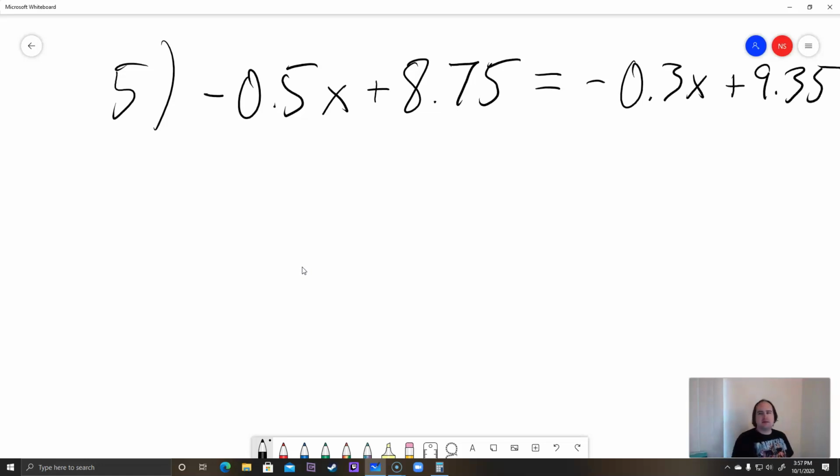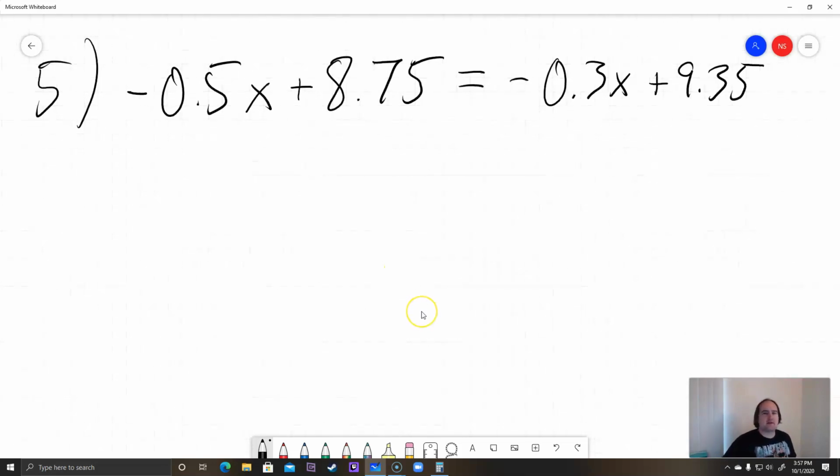Okay, so negative 0.5x plus 8.75 equals negative 0.3x plus 9.35. So this one has a lot of decimals. So this is why I recommend a calculator.